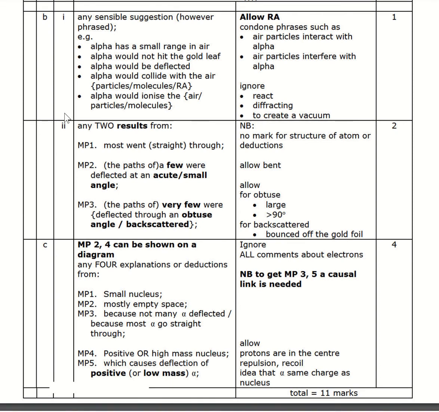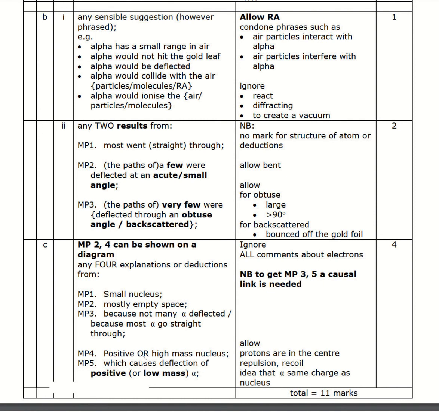What this answer means is, so with the small nucleus, the atom has mostly empty space around it, so it has a lot of space because the nucleus is small, so not many alpha particles are deflected and most go through. But the positive or high mass nucleus has a high positive charge and high mass, so they cause deflection of positive or low mass alpha.